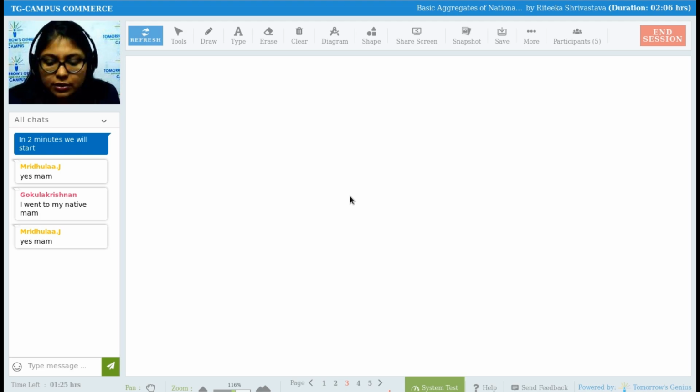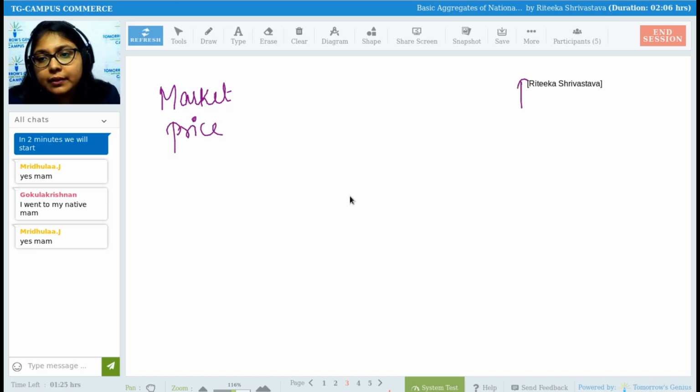Market price and factor cost, not a new term. Any idea, anyone? What is market price or what is factor cost? Anyone who can answer? What is market price or what is factor cost?